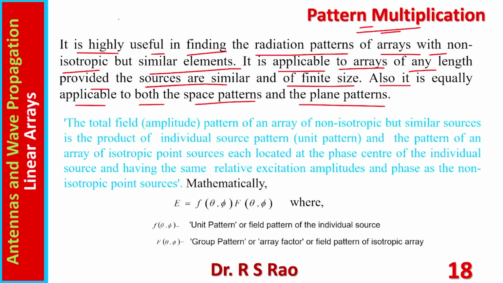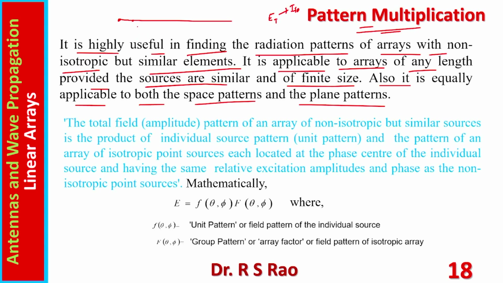Here is a uniform, let us say, uniform linear array, and elements of this array are isotropic, and it is giving a pattern. Let us denote that pattern by ET. This is with isotropic elements. Now we have an array.